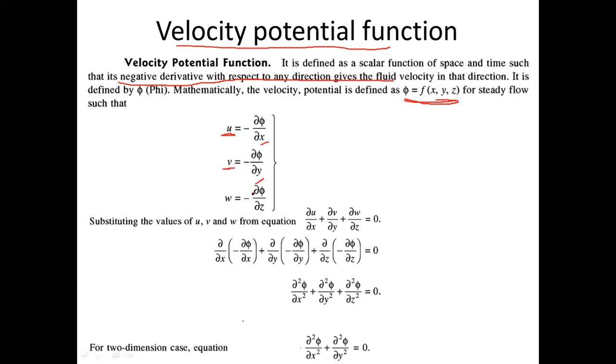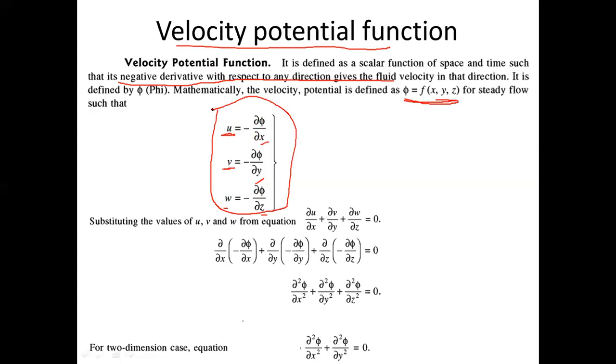Similarly, the negative derivative of phi in the z direction gives me the velocity in the z direction, which is w. So this is the definition: the negative derivative of the velocity potential function in a particular direction will give me the velocity in that direction. This is the mathematical definition of the velocity potential function.